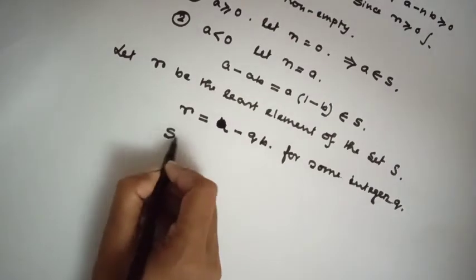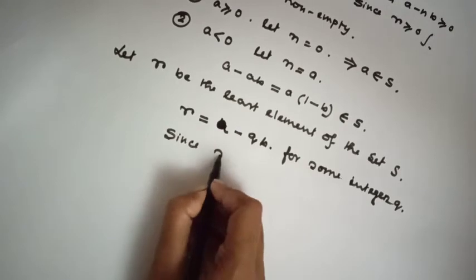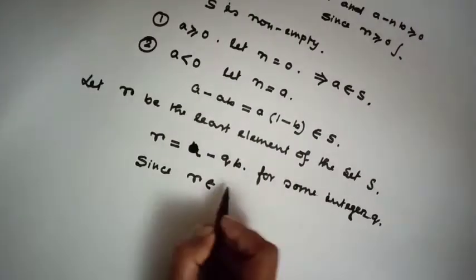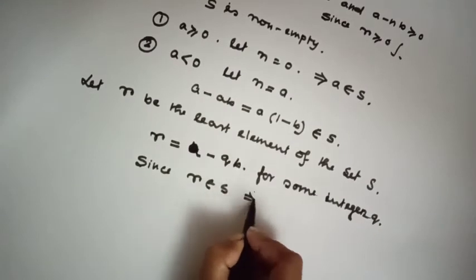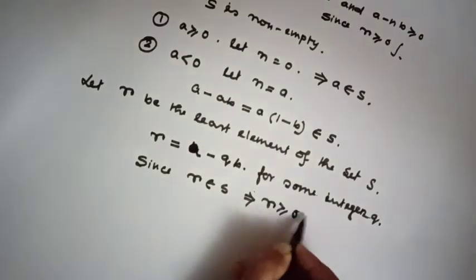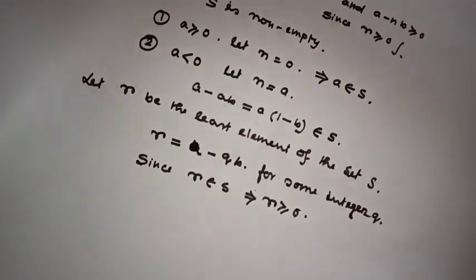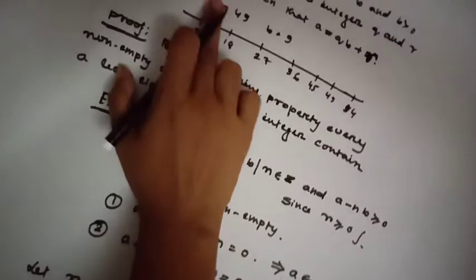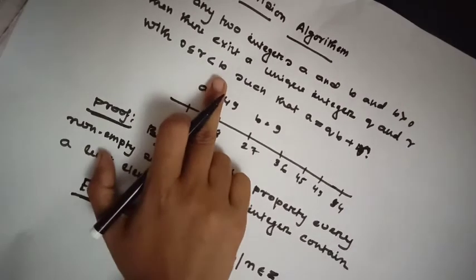Since R belongs to S, that means R is always greater than or equal to 0, and we have to prove R less than b.